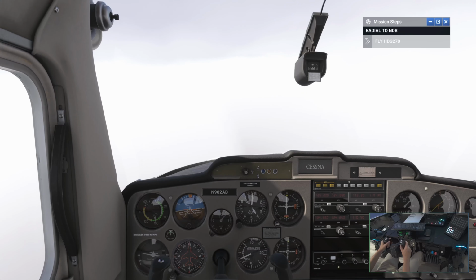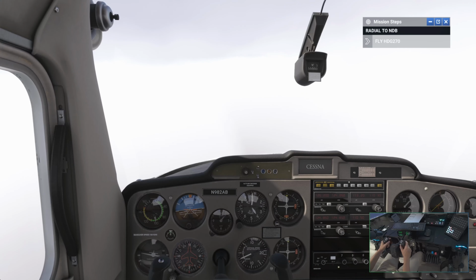Hard time maintaining the altitude right now. Looking at the tail of the needle, it looks like we are about 5 degrees from our target radial 180.